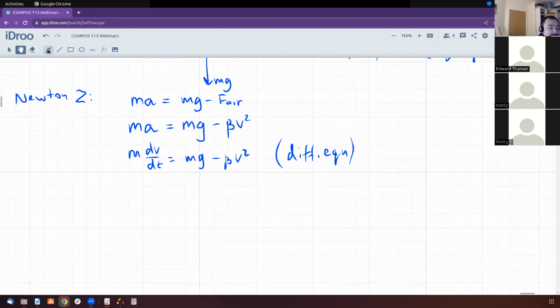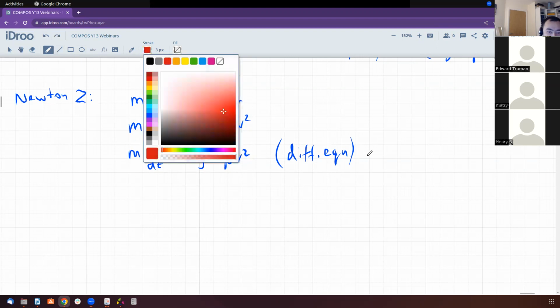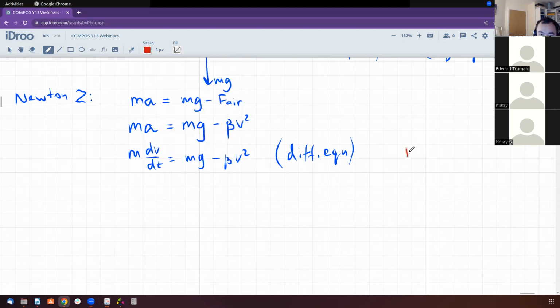Now, the tricky part here is the separation of variables, because it seems impossible to make v on one side and t on the other side, because of this term here. If it was m dv over dt equals minus beta v squared, that would be super easy.